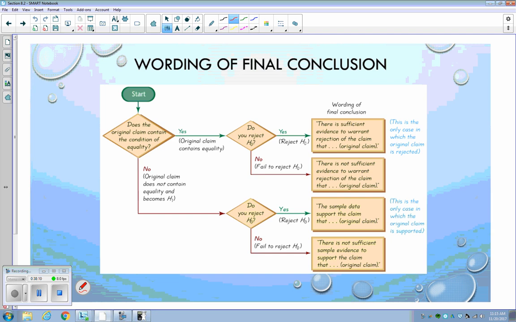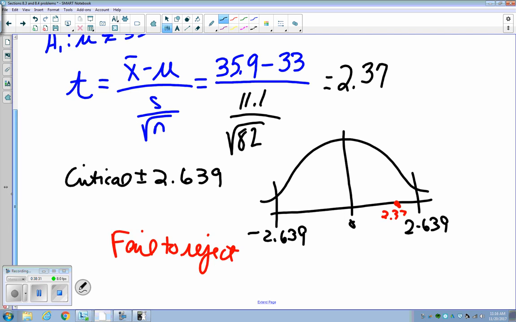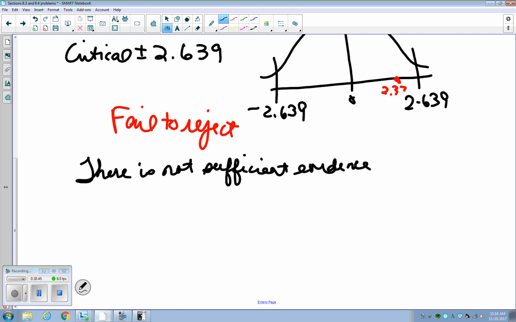No. So how we're going to state it is there is not sufficient evidence to warrant rejection of the claim.